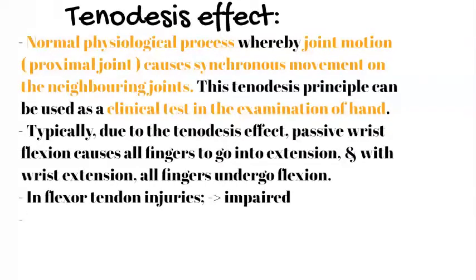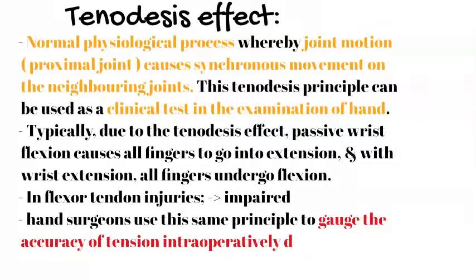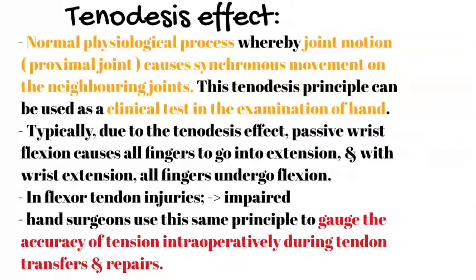Typically, due to the tenodesis effect, passive wrist flexion causes all fingers to go into extension, and with wrist extension, all fingers undergo flexion. However, in flexor tendon injuries to the hand, the tenodesis effect is impaired.